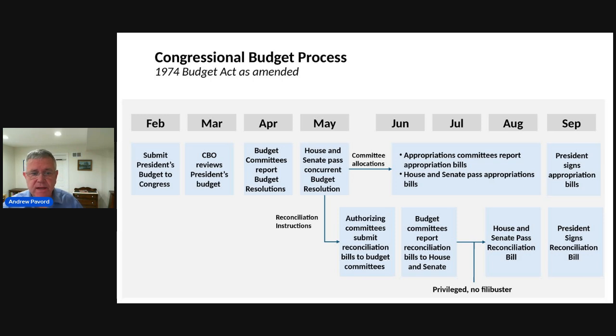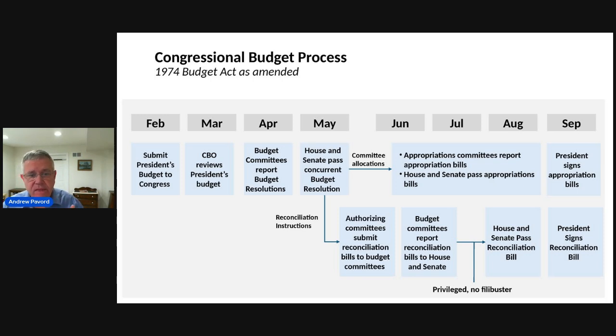Now, the purpose of reconciliation instructions is to direct authorizing committees to change their laws so that they are in conformity with the budget that is included in the budget resolution. So the reconciliations go to the committees, and then the committees submit their bills back to the budget committees. And then the budget committees report the reconciliation bills to the House and Senate floor.